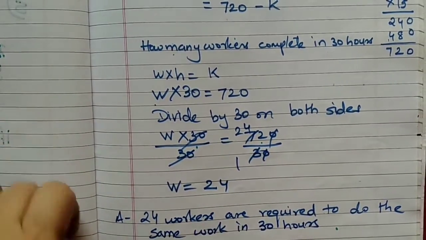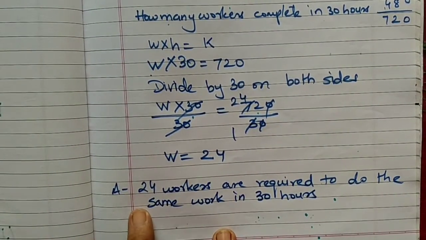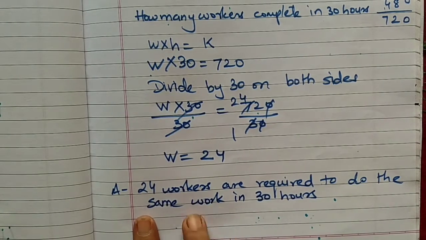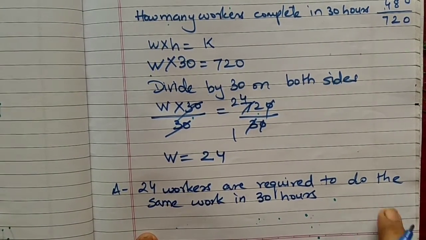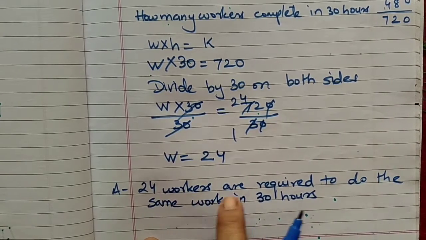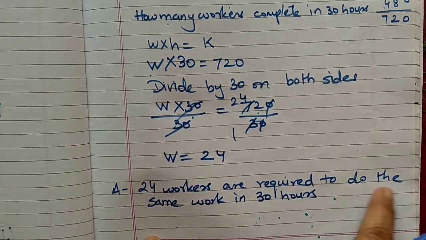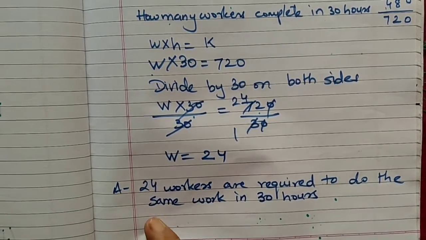That is your answer. The last sentence in the sum always tells you what you have to write in the answer. How many workers will be required? So 24 workers are required, or will be required, to do the same work in 30 hours.